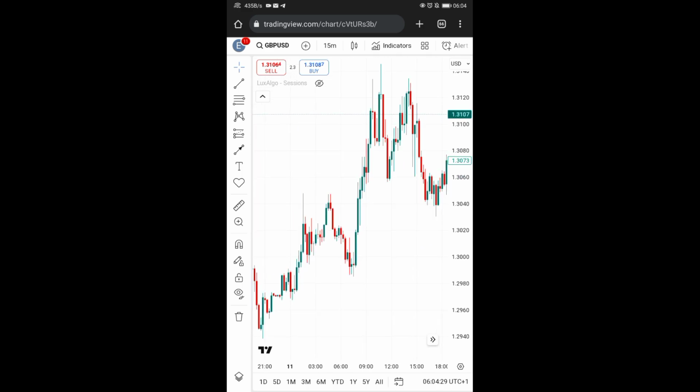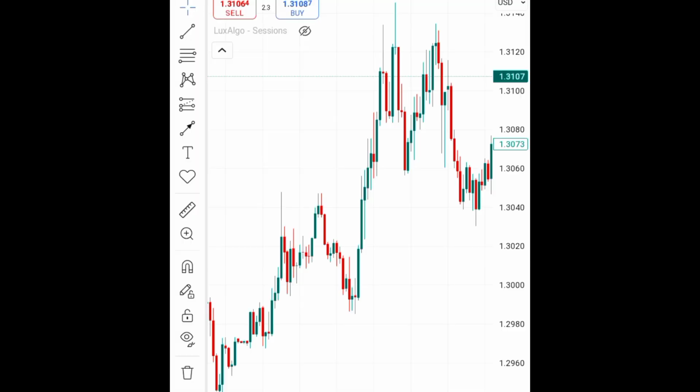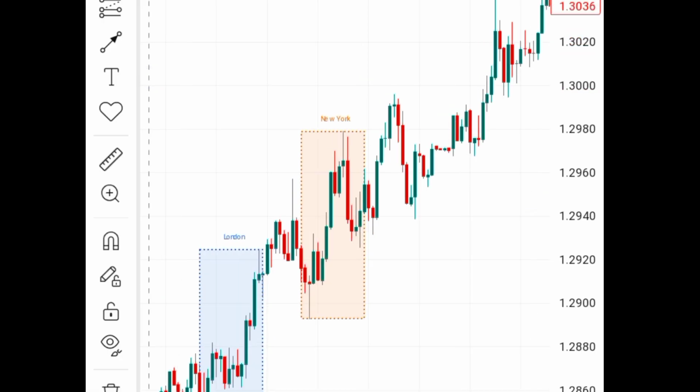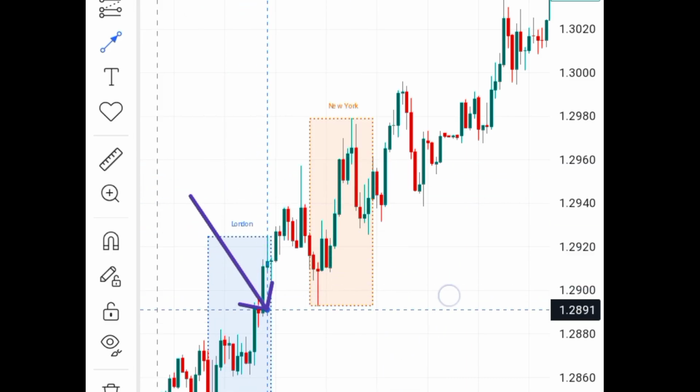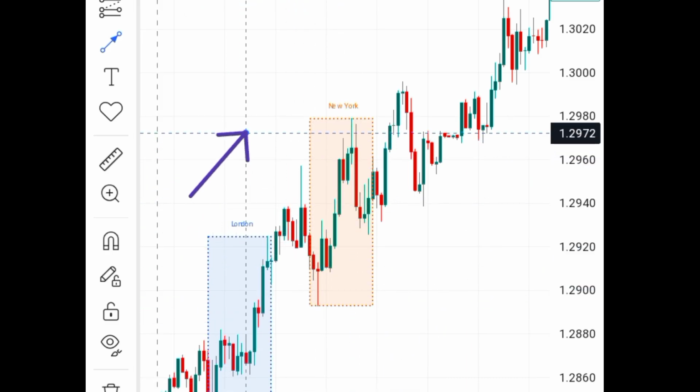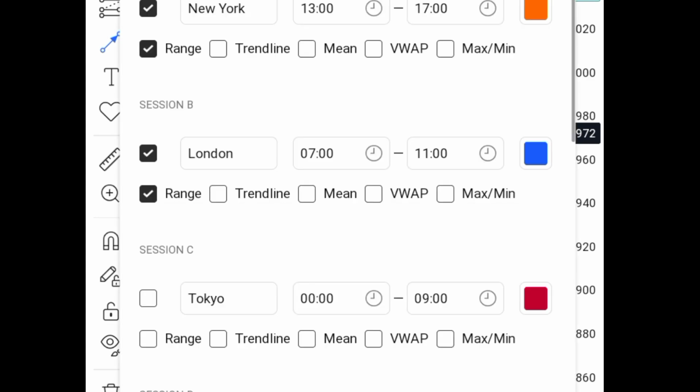So let us look. You are going to plug in your LuxAlgo indicator, because this is the one I like using. Here was our London session. We don't trade London, we trade New York. So you have to disable London because you are only trading New York.